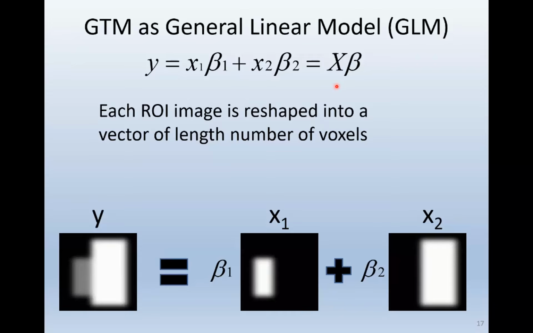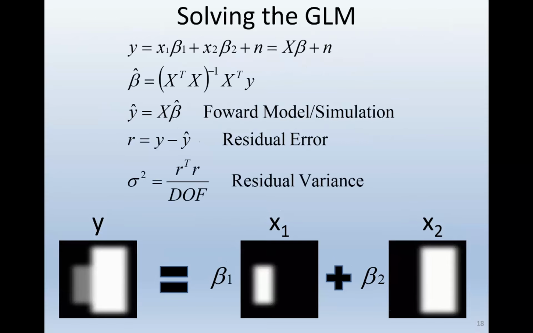And beta 1 and beta 2 are the unknown activation levels. And so you can take this and combine it together to the familiar form of y equals X times beta plus whatever some noise term is. And now I can simply solve for the betas by inverting the GLM through the standard GLM equation.